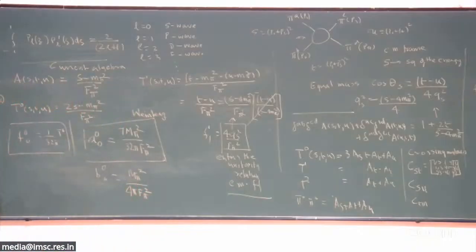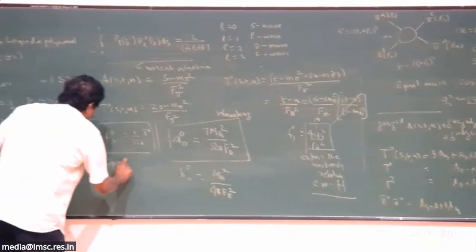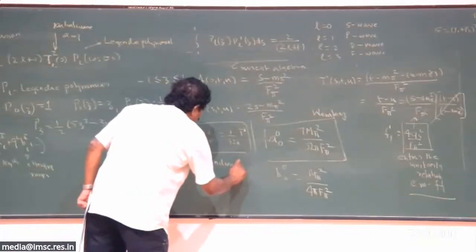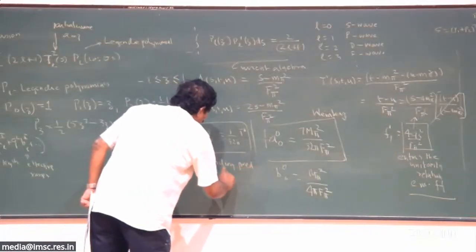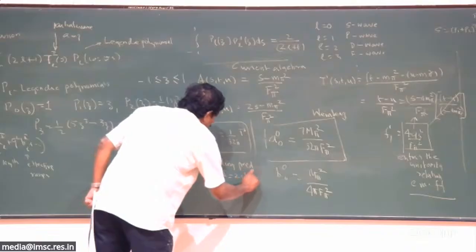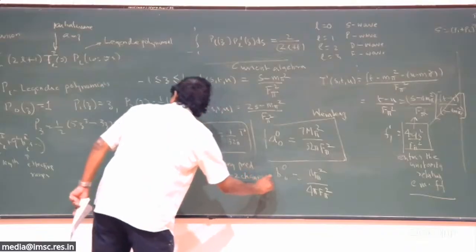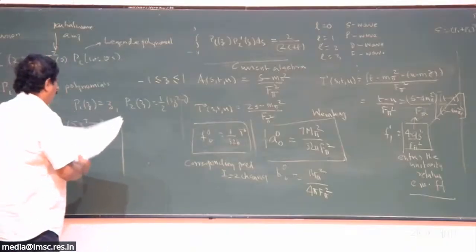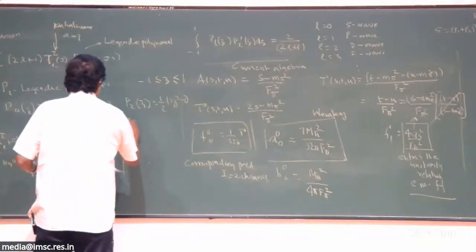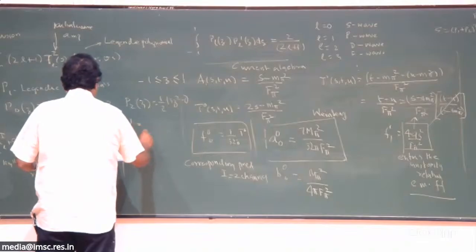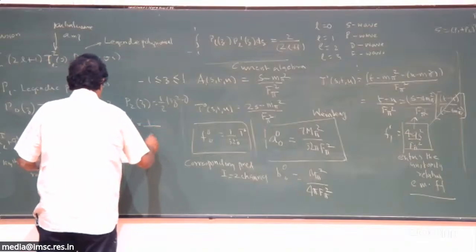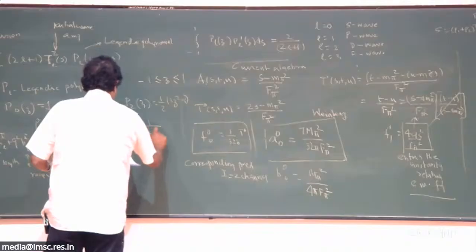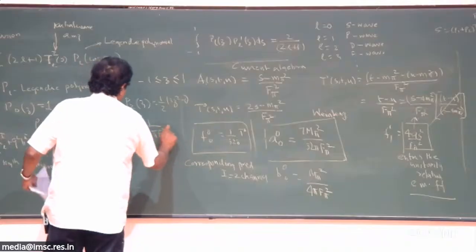I am going to leave it as an exercise for you to do the corresponding prediction for the I equals 2 channel. The I equals 1 channel has only one prediction at this order, A11, and that is the P wave scattering length, which is 1 by 24 pi f pi squared.